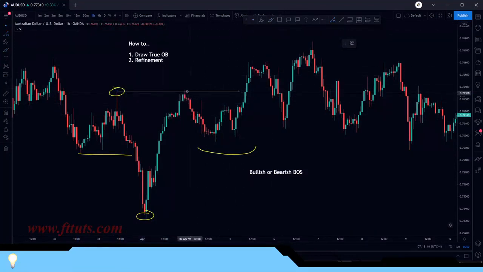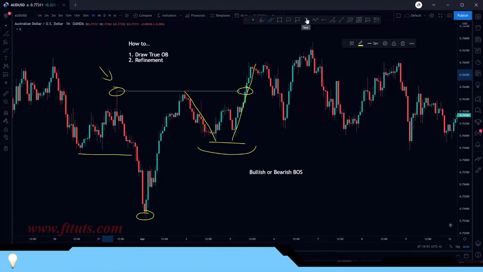until price created a new low here and then impulsed to the upside to break that market structure that we're looking at here. And this is based on type 1 market structure reading. That's the one that I use personally.